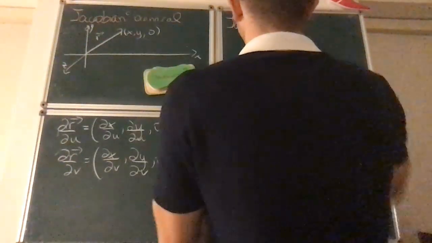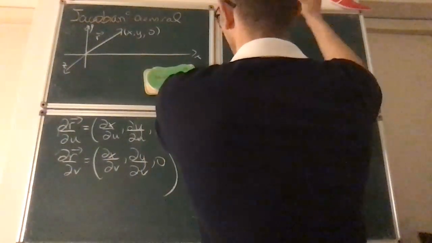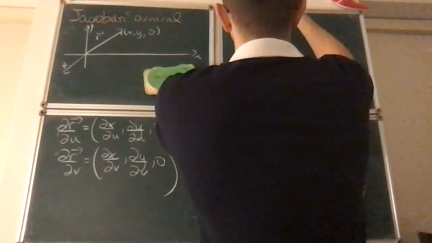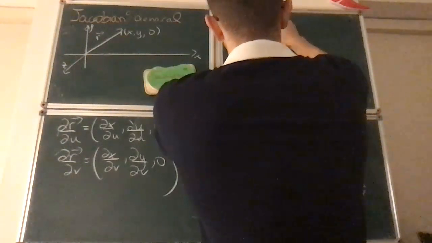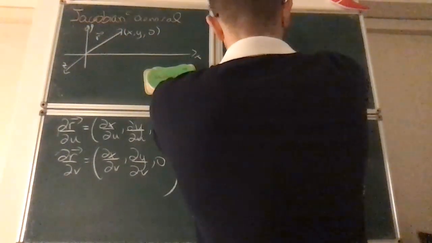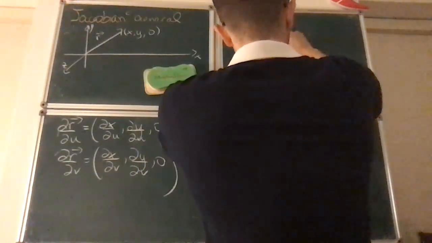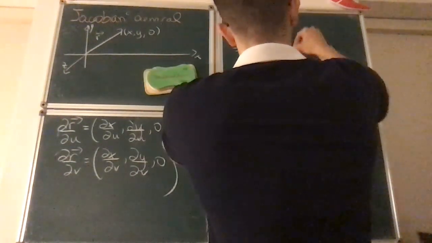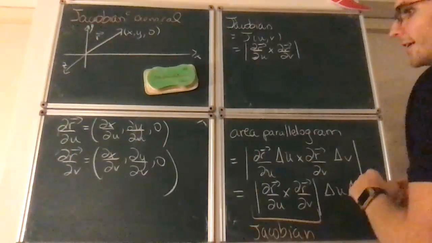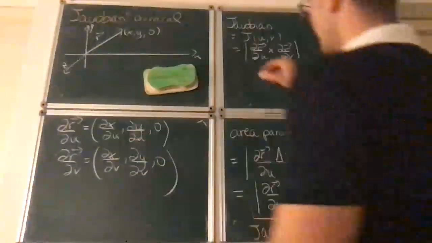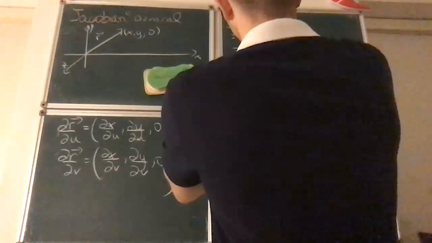Well, let's include the norm already. So this will sometimes be denoted like this. It's just this norm, so it's the norm of that vector, which is this cross product.